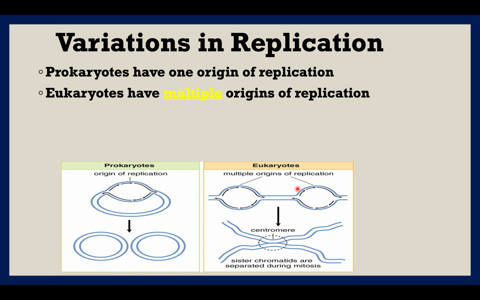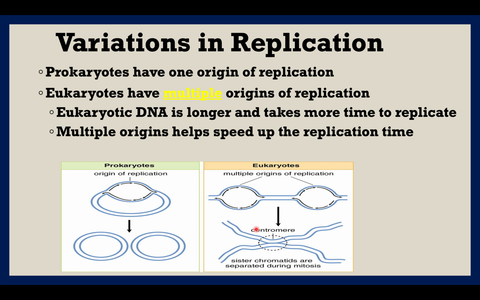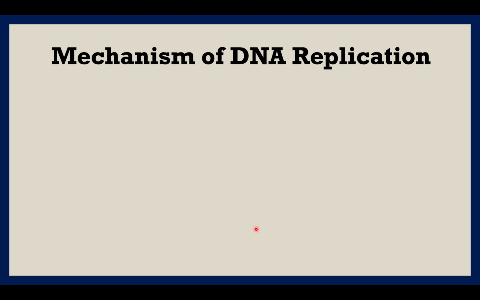They are not circular. So, multiple origins of replication can be used just to make the process go faster. Eukaryotic DNA is longer and it takes more time to replicate. Multiple origins help speed up the replication time.